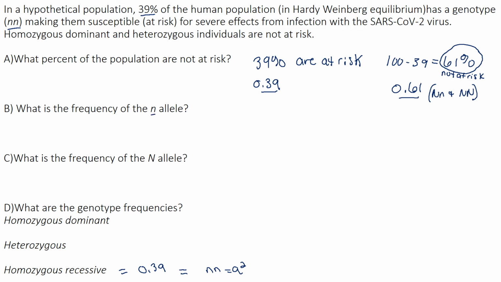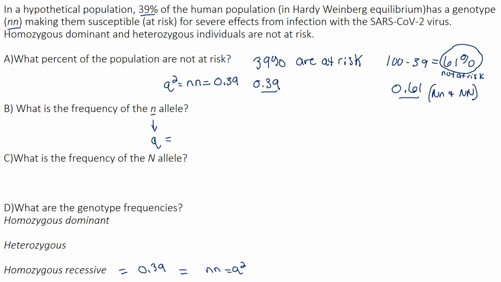We have, what is the frequency of the recessive allele? So we know that the homozygous recessive genotype is 0.39. That's q squared. What we want to do is find q.